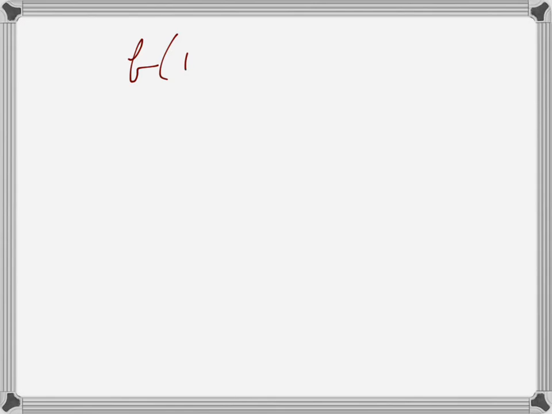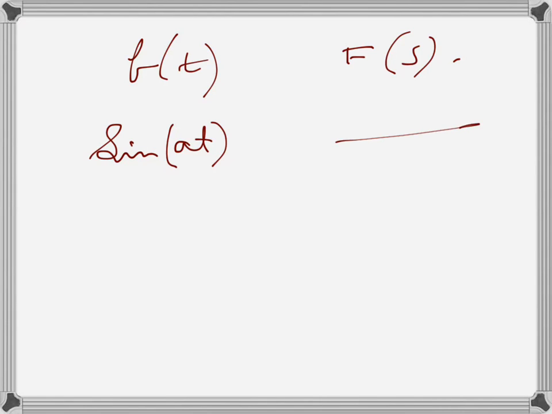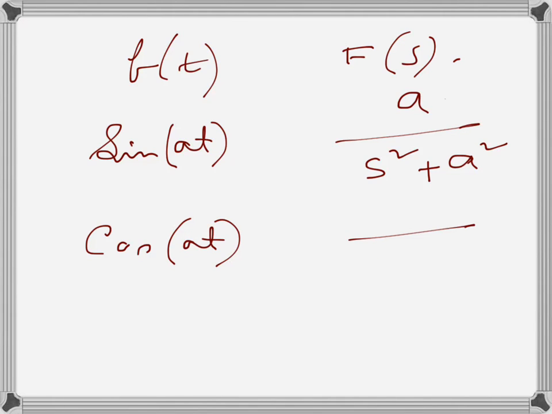Then again, here I'm moving to the next page. So sine at becomes a over s squared plus a squared. Similarly, cosine of at becomes the same denominator, s squared plus a squared, but in the numerator it is s.